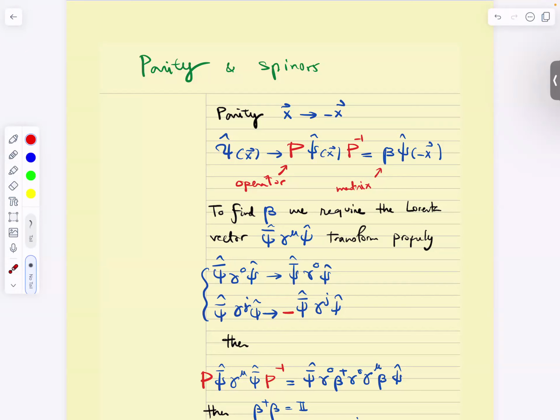Whatever it is, you write down an expression for it. Then what's your next step? What was the next step that we did? We looked at the free action. So take a particle of spin S, write down the free action for it. And now we could deduce the transformation properties from there.